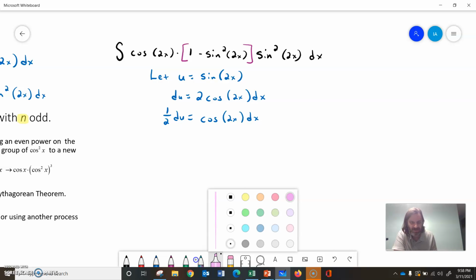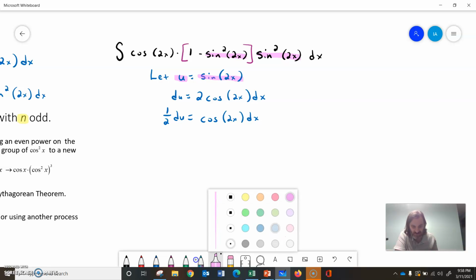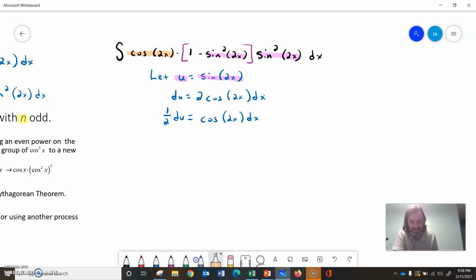Purple. So all my sine 2x's are going to be u's, and all of my, I'll use the orange, all of my cosine 2x dx is going to be 1/2 du. So I'm going to rewrite this thing.